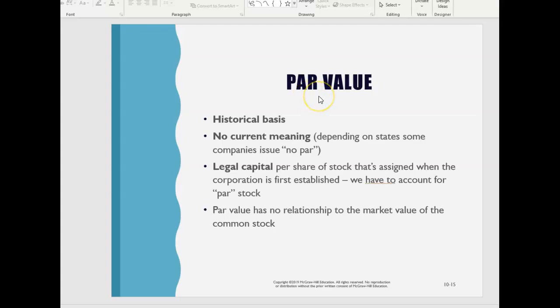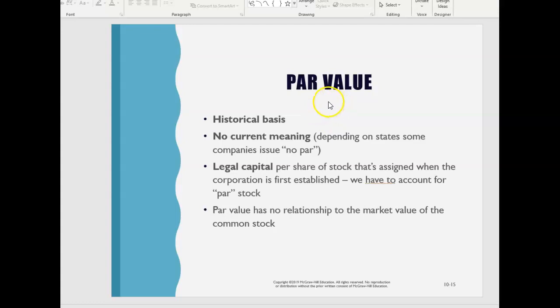Par value had a historical basis. It was really the legal documentation, back in the industrial age, that said this piece of paper that represents a part of the company is no less than X amount of dollars. And it was really based on how much equipment, like the steel mill, the company had. If I was going to sell 100 shares of stock, then each would be 1/100th of the value of the steel equipment.